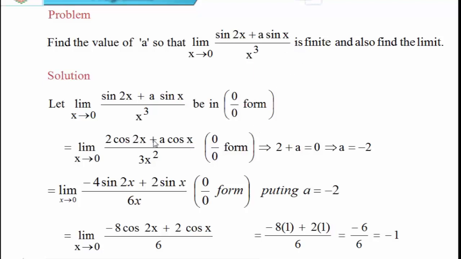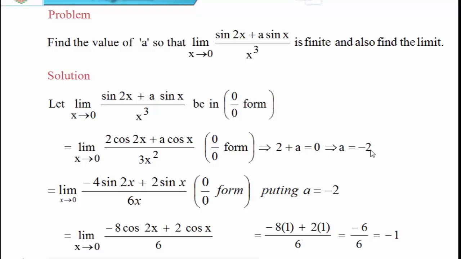So the numerator must be 0. Then 0 by 0 form will be present, and for 0 by 0 form the limit will be finite. So if you replace x by 0, 2 cos 0 is 1 plus, again cos 0 is 1, 2 plus a in short equal to 0, means a equal to minus 2.